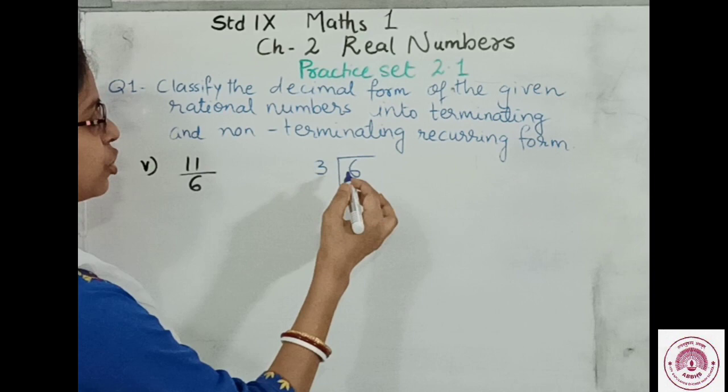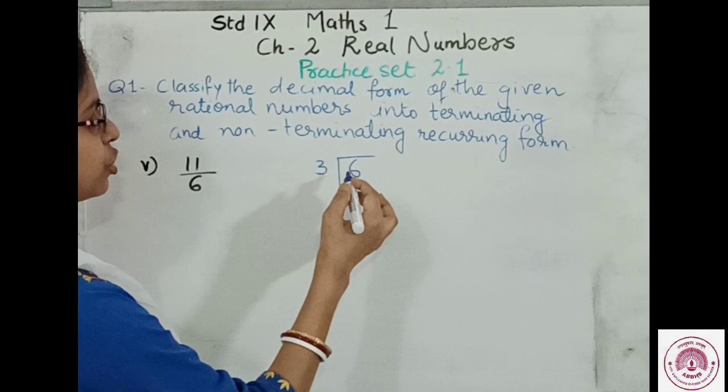Now see here, 127 is smaller than 200. So we have to put a decimal point and add a 0. So now, 200 and 1270.